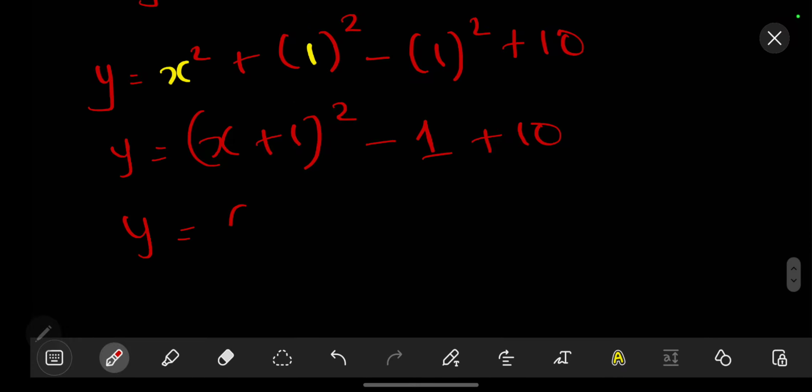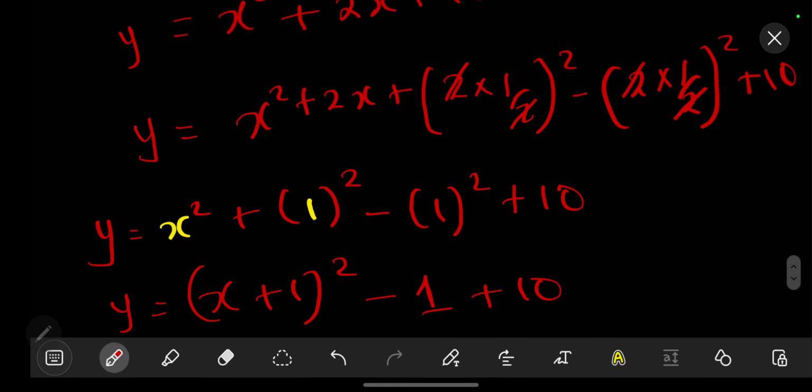So y should be equal to x plus 1 squared, then negative 1 plus a 10, it will be positive 9 like that. So this is the equation that we are required to find.